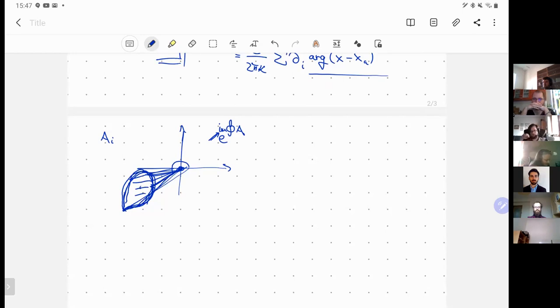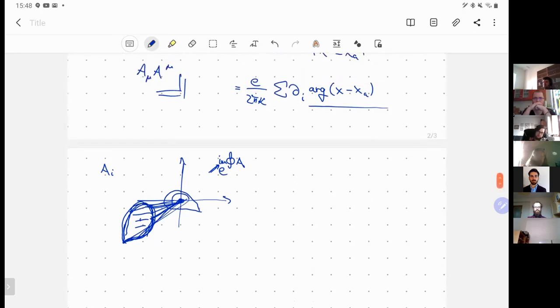Whereas a totally different situation happens, and you can probably expect what the result will be. If I go around the origin where my particle is, I will acquire a non-trivial holonomy, and that holonomy will be proportional to the charge of the particle sitting in there.